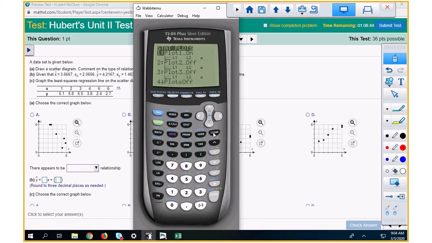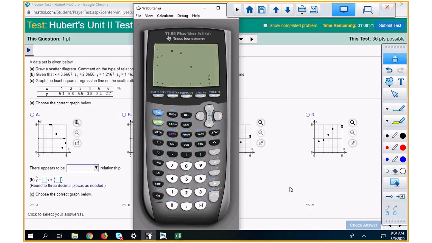Second stat plot. Let me make sure I did everything right. I know it's not in the right quadrant. Let me hit on, because I don't think I hit on. And graph. And stat, zoom, 0, 9. There we go.